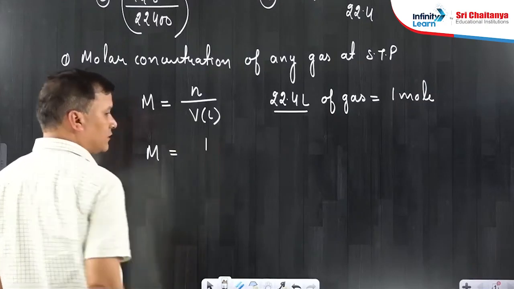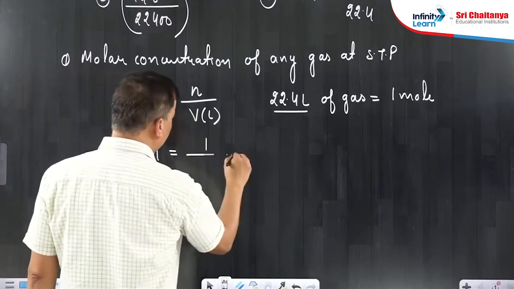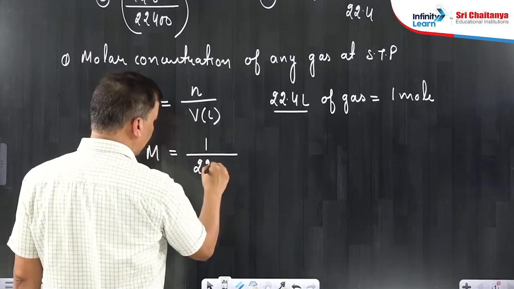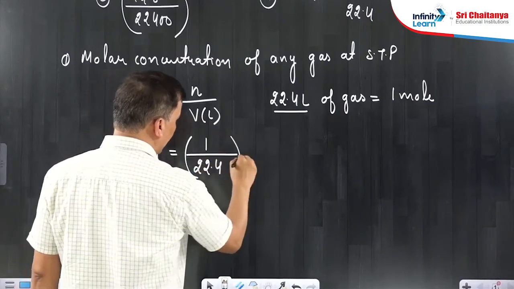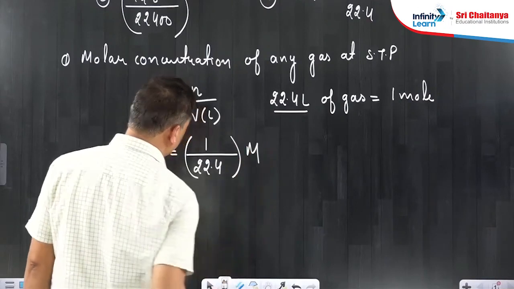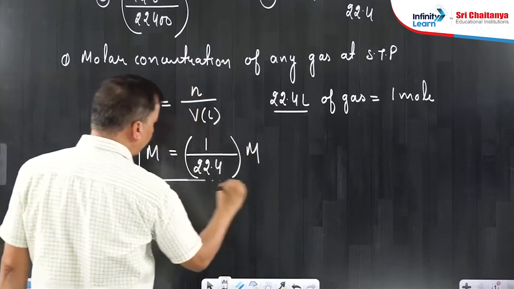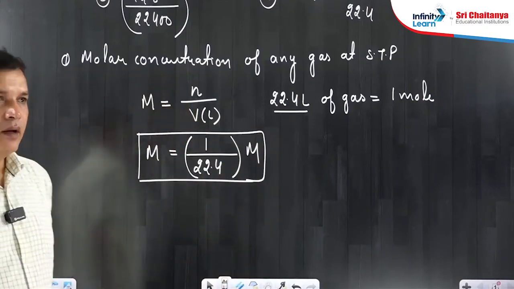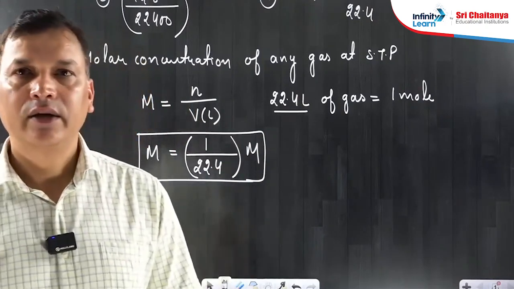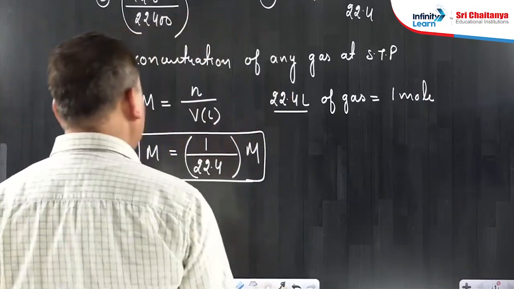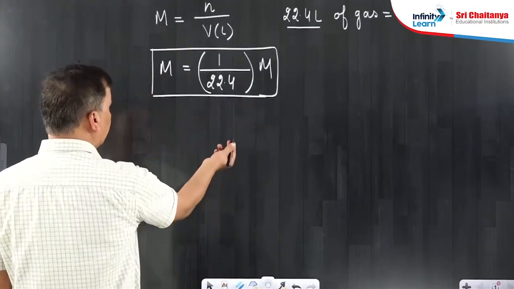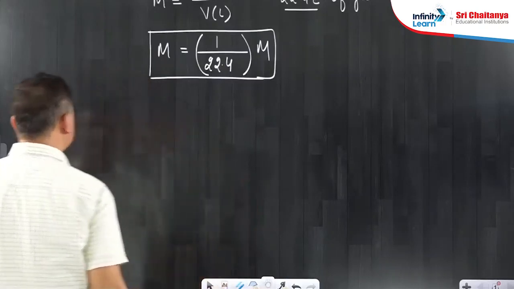How many number of moles are there? 1 divided by 22.4 molar concentration. This is the molarity of any gas at the STP. Means we will say that all the gases have the same molar concentration at the given temperature and pressure.